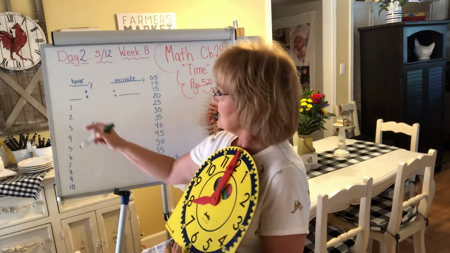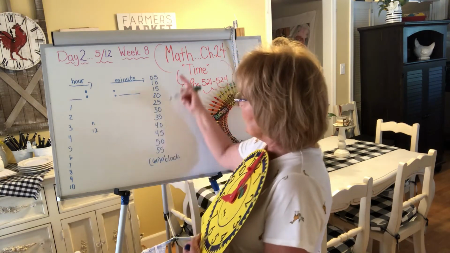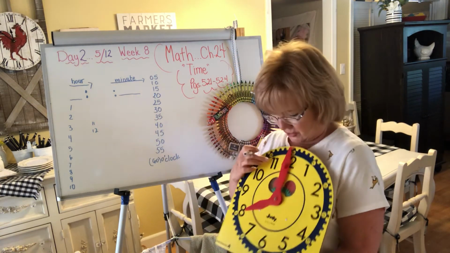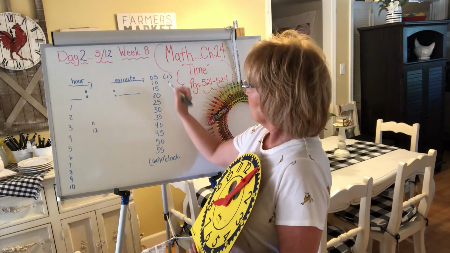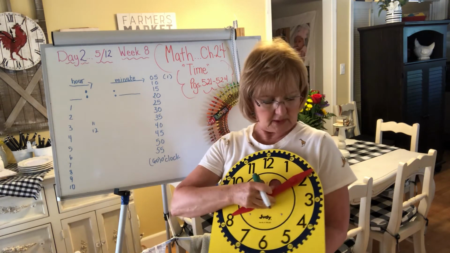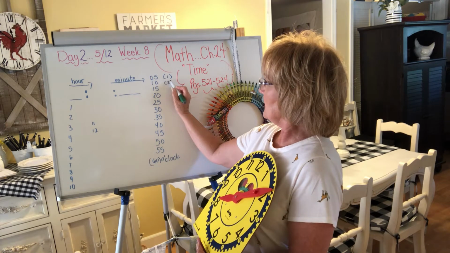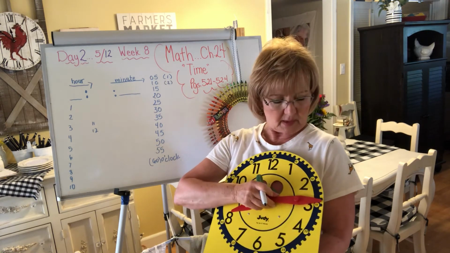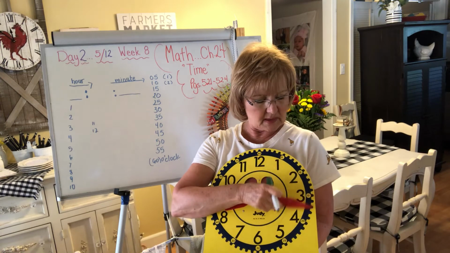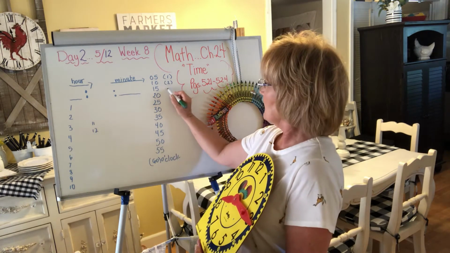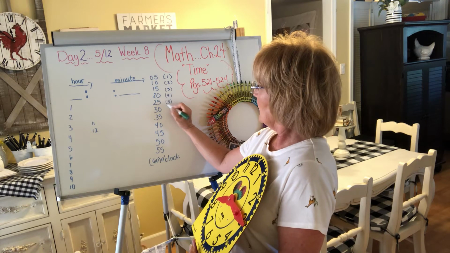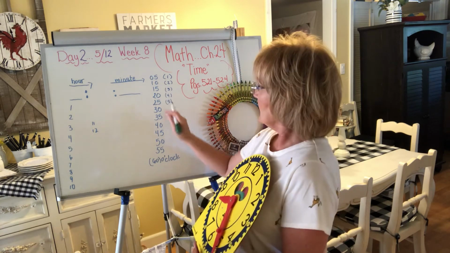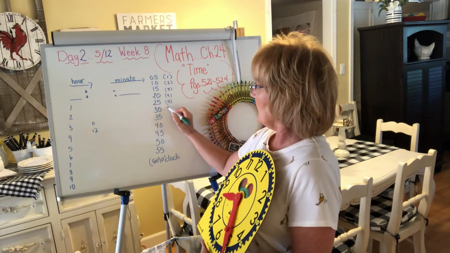So those are the numbers that go first, the minutes go second, and each number 1 is 5 after. Number 2 would be 10 after. When the long hand, the minute hand is on the 3, it's 15, and so on. 4, 5, minute hand is on the 5, it's 25 minutes after the hour.